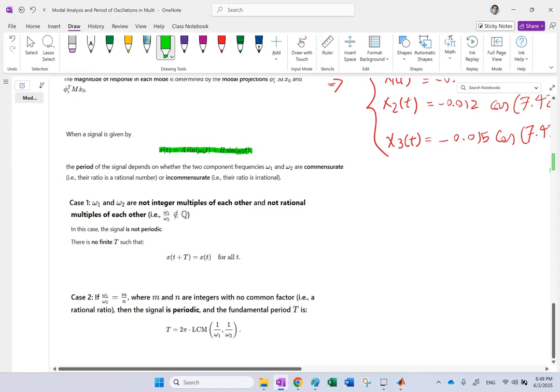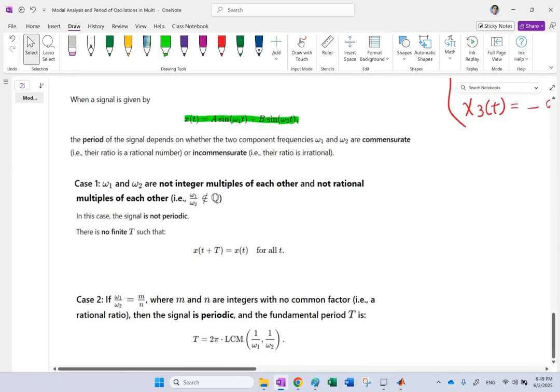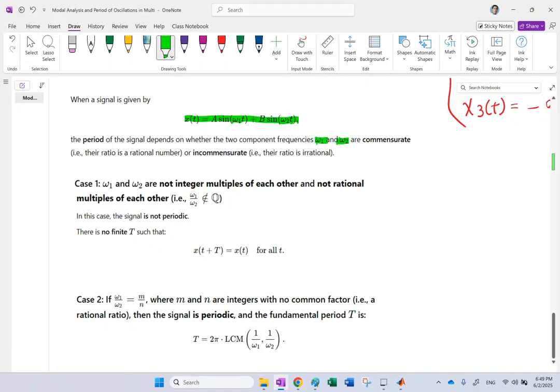So if somebody says, what is the period of a signal like that, what's your answer? Well, that depends on whether these 2 frequencies are what we call commensurate or incommensurate. What does commensurate mean? It means the ratio is a rational number, the ratio of 2 integers, or incommensurate, like it's not. If the ratio is commensurate, so omega 1 over omega 2 is like m over n, where m and n are integers. Okay?